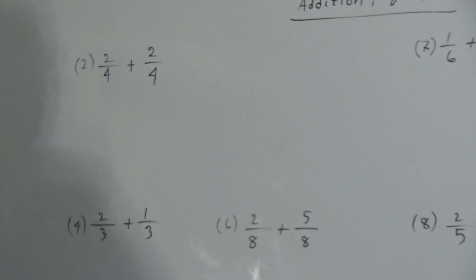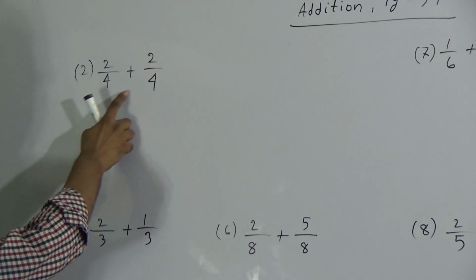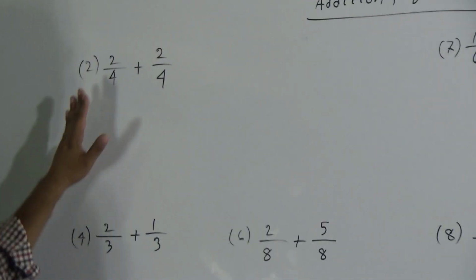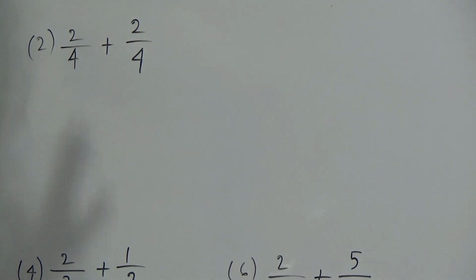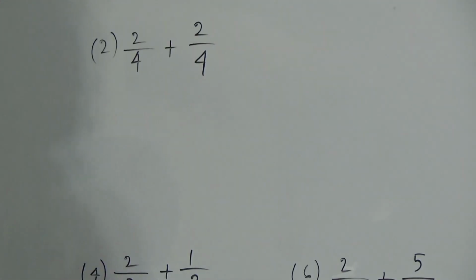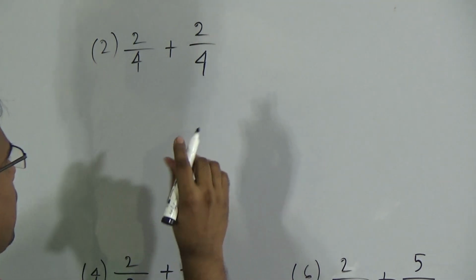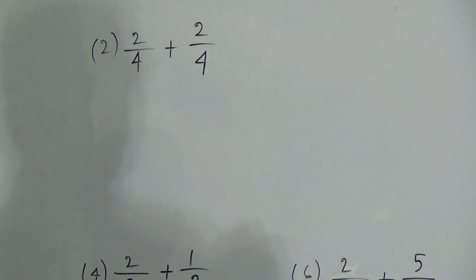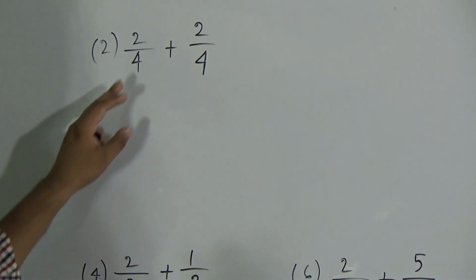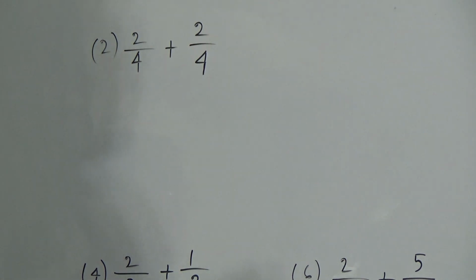At first we will add 2 by 4 with 2 by 4. Here are two fractions and both fractions' value is 2 by 4. We have to add these two fractions. Dear students, at first we will draw two figures for denoting these two fractions.